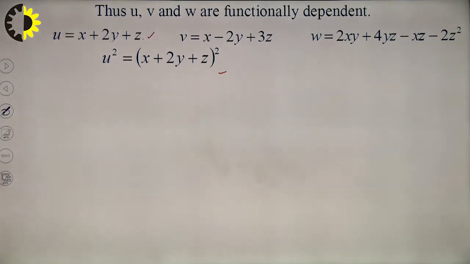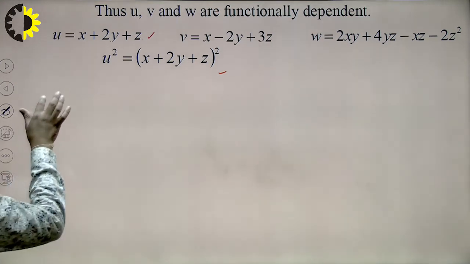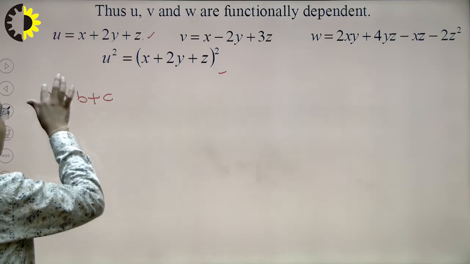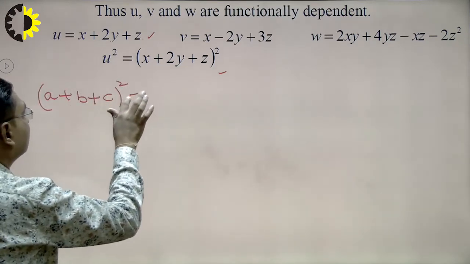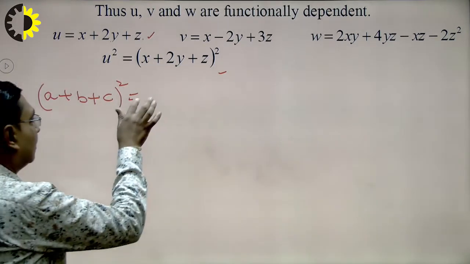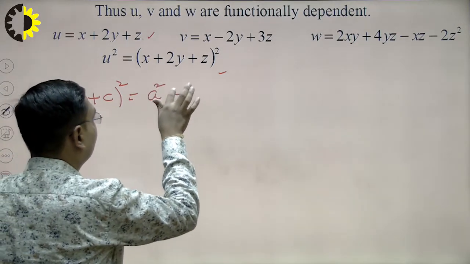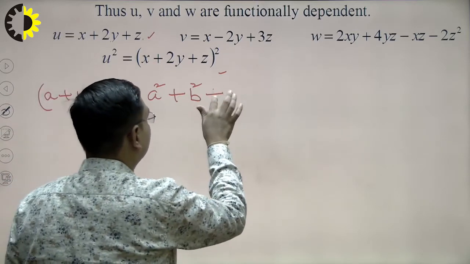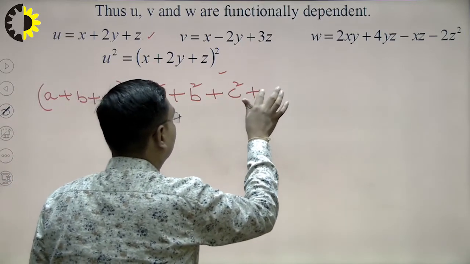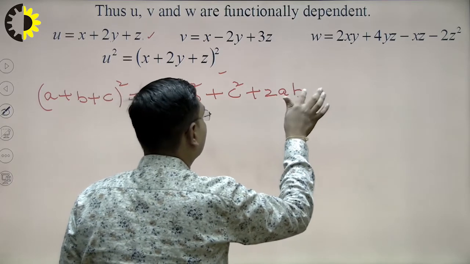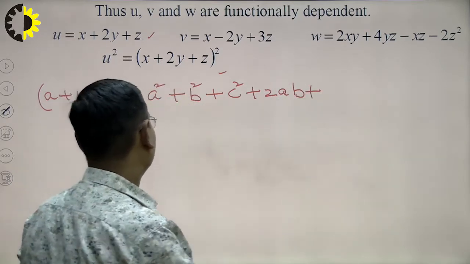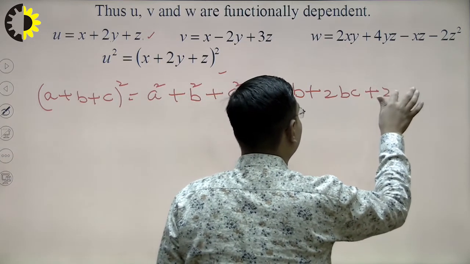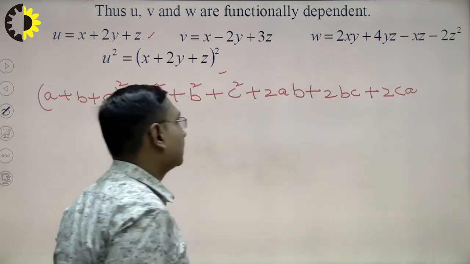To evaluate this x plus 2y plus z whole square, I shall apply the formula for a plus b plus c whole square, which is a square plus b square plus c square plus 2ab plus 2bc plus 2ca.